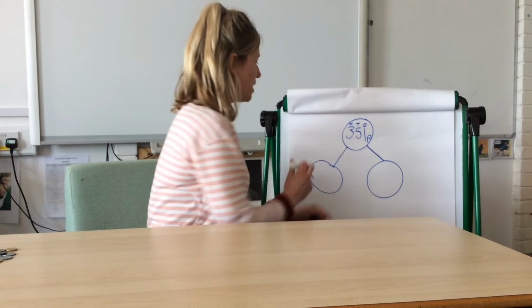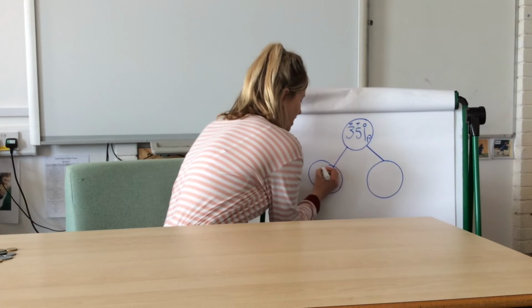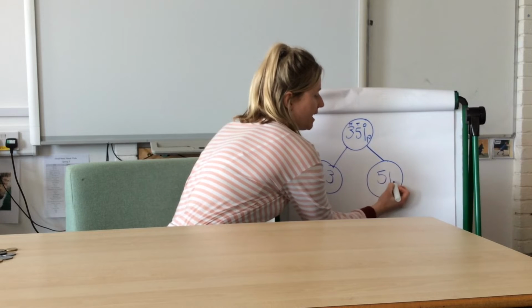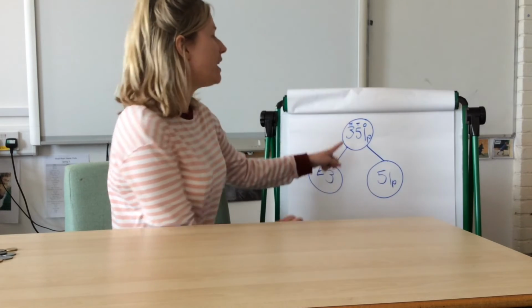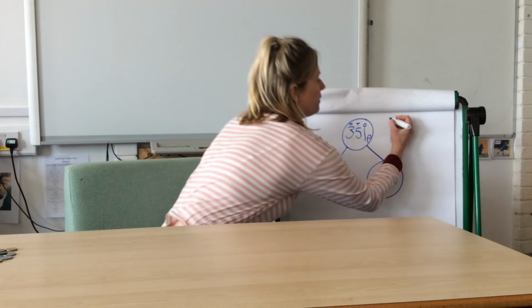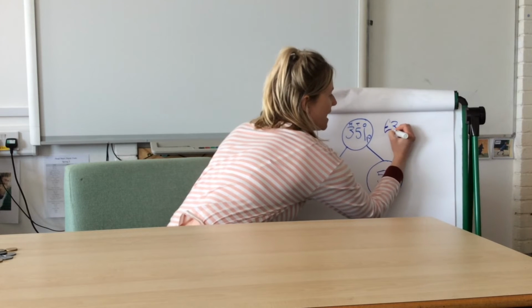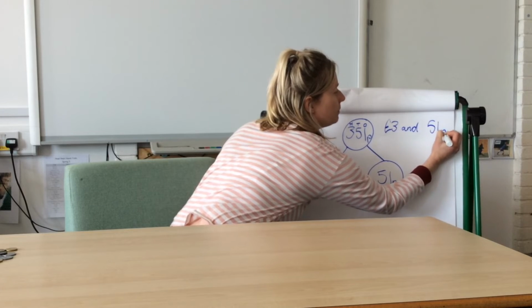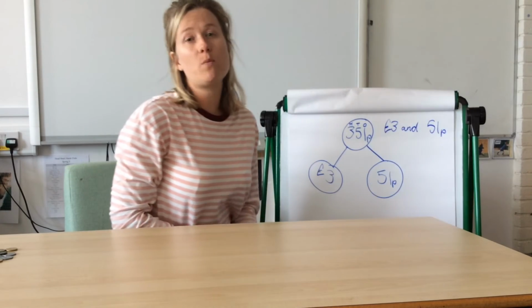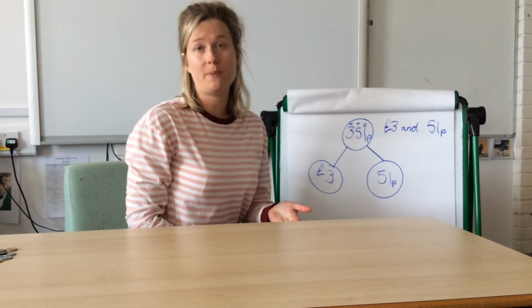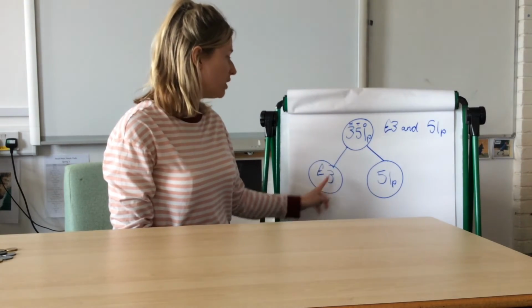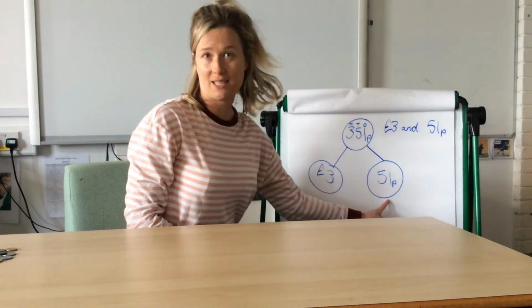So I'm going to bring my 3 here, I'm going to partition it, and I've got 51p left over. So 351p is going to be £3 and 51p. Because we are working with the hundreds, because there are 100 pennies in £1, you bring your hundreds over here and you partition it into pounds and pennies.